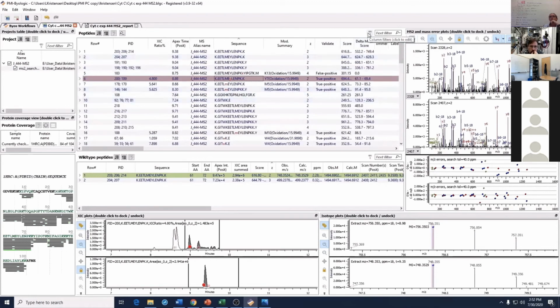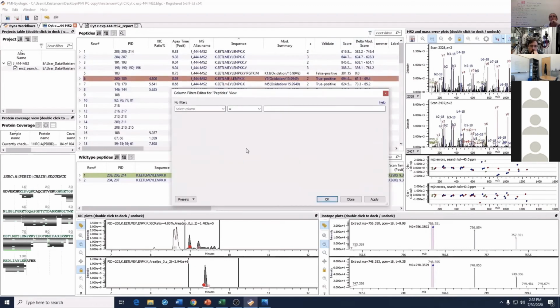Another thing that's really helpful is the ability to filter the data based on filters set for specific columns. For example, if we're interested in looking closer at the scores, we could go ahead and filter for peptides scoring, for example, below 200.